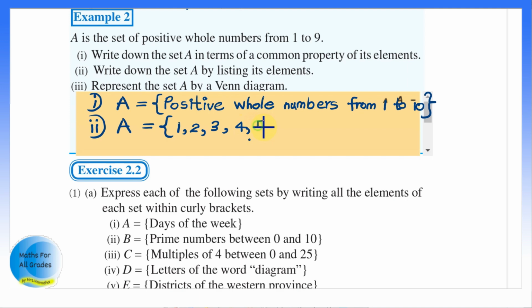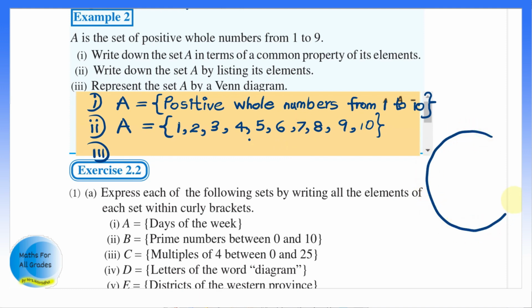So 1, 2, 3, 4, 5, 6, 7, 8, 9 and 10. Now close the bracket. In row number 3, you have to represent it in a Venn diagram. Draw any enclosed figure. Usually we draw a circle, and then write down all the elements inside the circle.